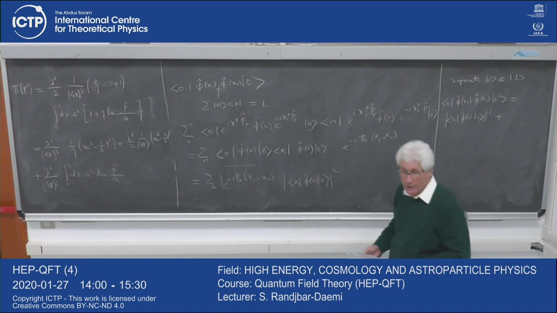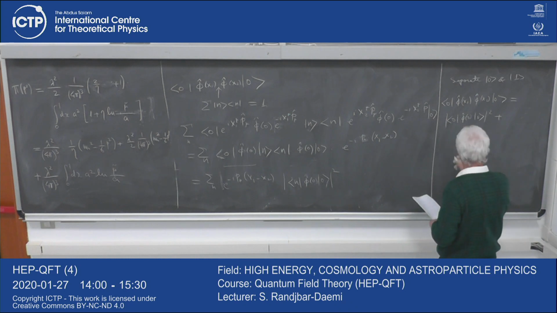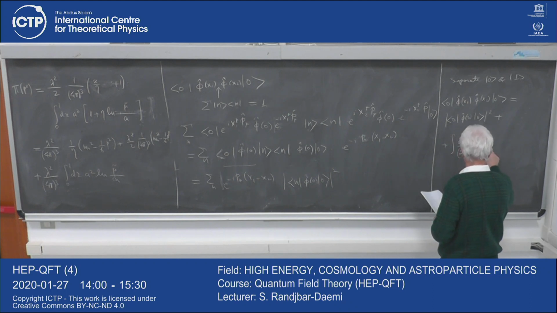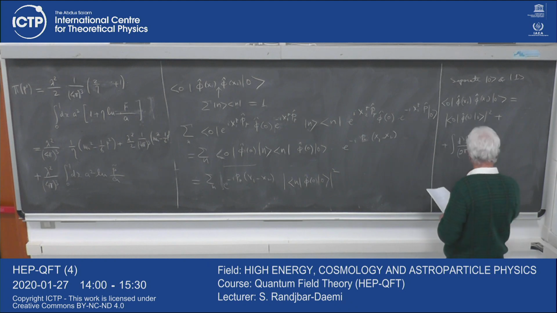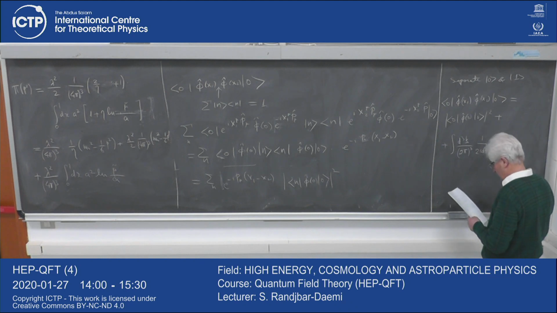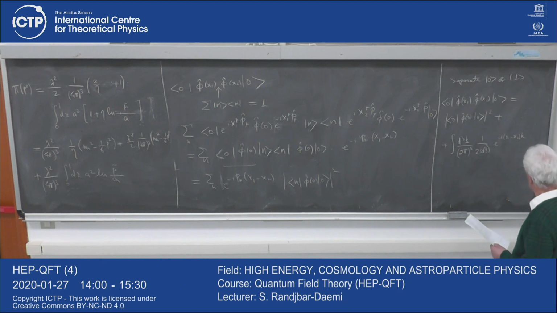We know how we should write the completeness relation in the space of one particle states, from the momentum eigenstates, and this is the way you normally write the contribution of the one particle states. I will make a comment about this omega squared in a minute. Exponential of minus i, oops, in the note the k is missing from here. I change the notation from p to k for the single particle state.